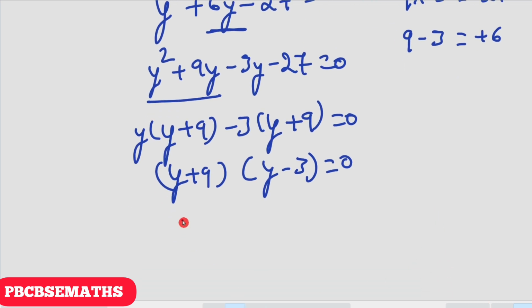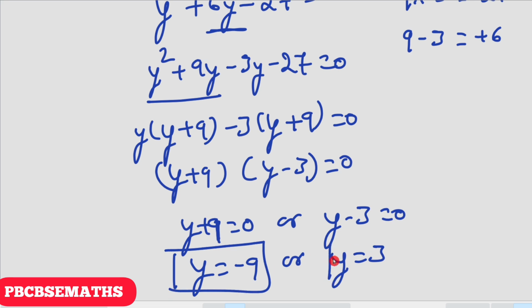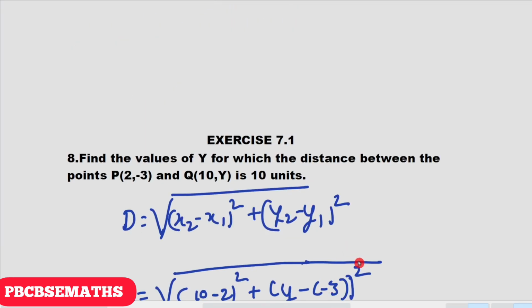Then we can write y plus 9 equals to 0 or y minus 3 equals to 0. y equals minus 9 or y equals 3. That is the solution. So we got two values of y here, which are 3 and minus 9.